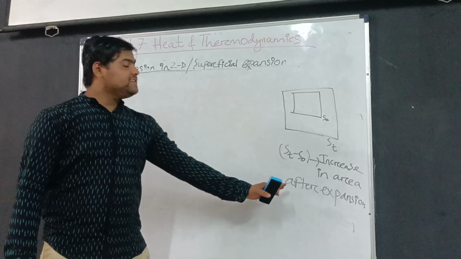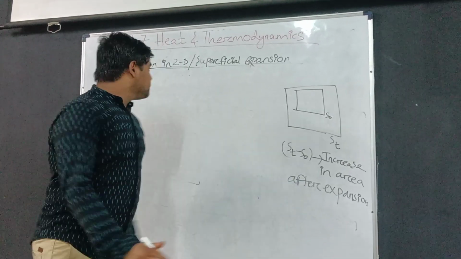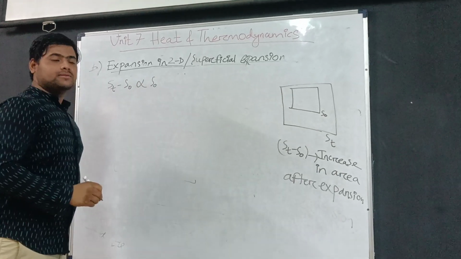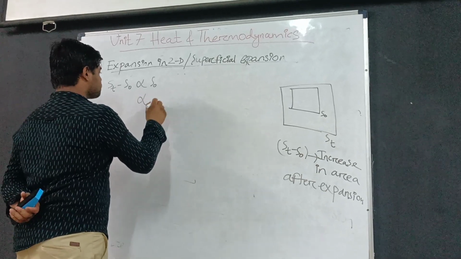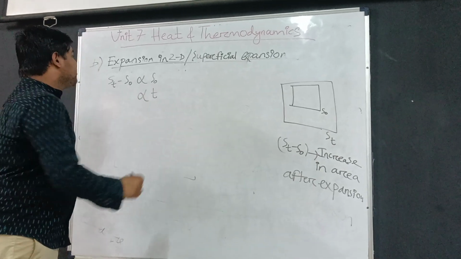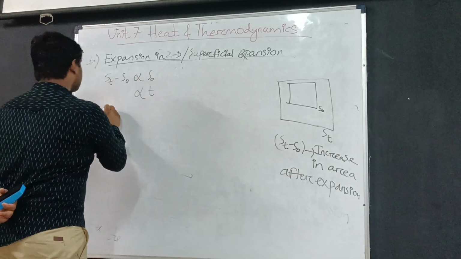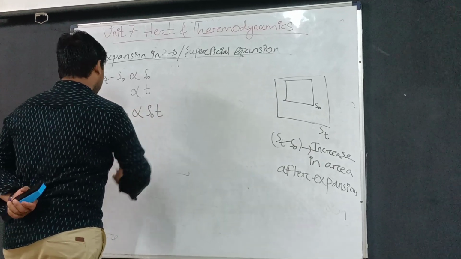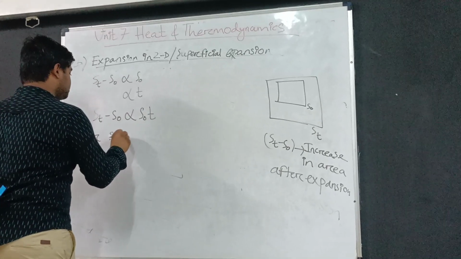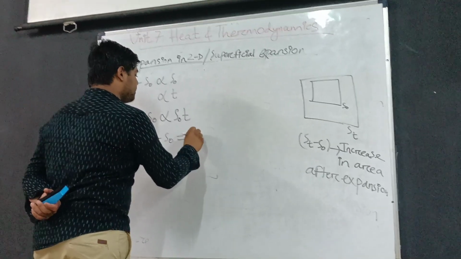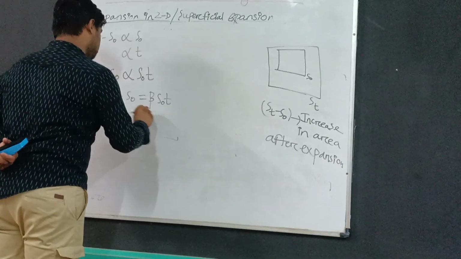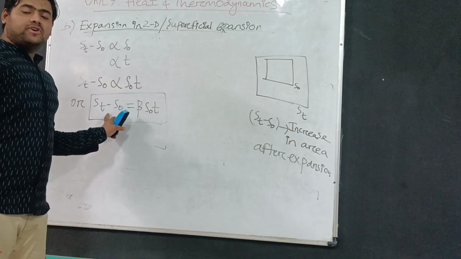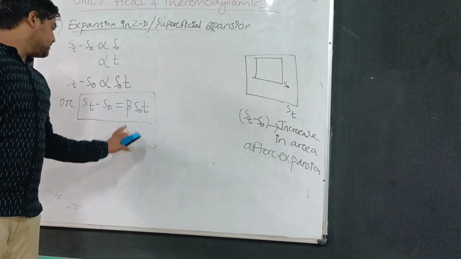It is found that this increase in area also depends upon two factors. The increase in area depends upon the initial area. It also depends directly upon the rise in temperature T. Now combining these two, we can write St minus S0 is directly proportional to S0 T, or St minus S0 equals beta times S0 T. This is the expression for the increase in area after expansion.